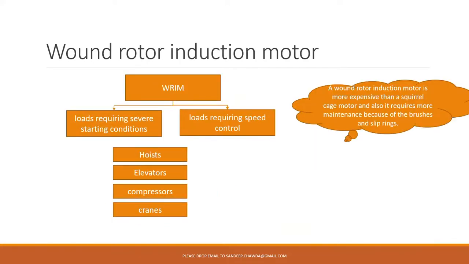Now let us move on. Wound rotor induction motor. When we know squirrel cage induction motor, so obviously you could think about wound rotor induction motor. Wound rotor induction motor, you can vary starting torque. You do not need to worry about what would be the running performance.